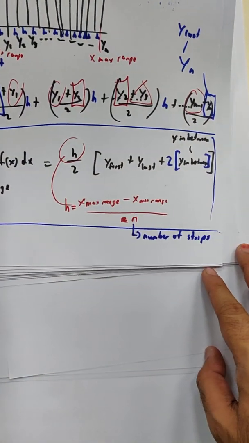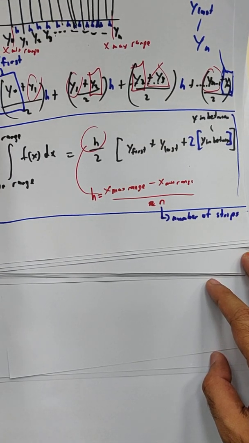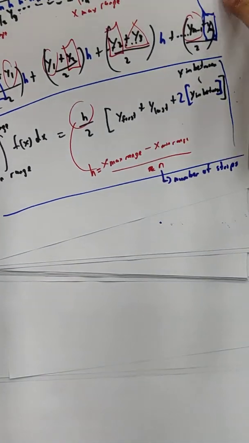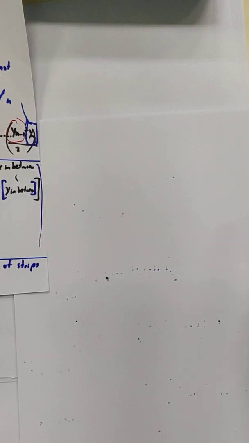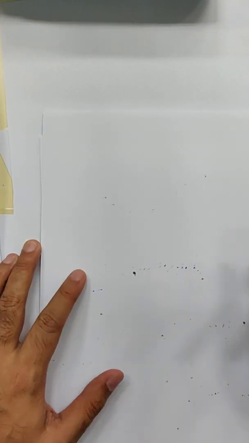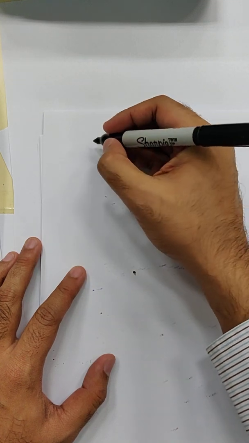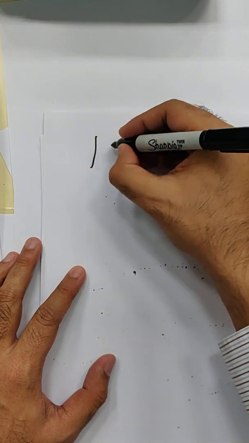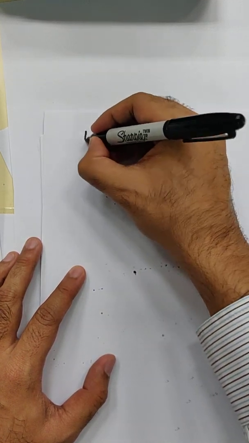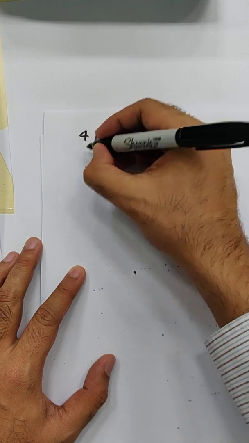Okay, let's rewrite them again. Let's say if I give you something like this, 4 and 1.